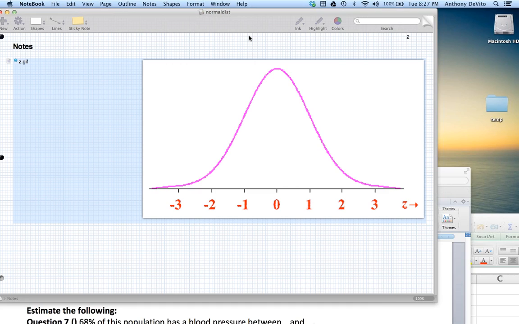I suggest that you bring some scrap paper with you and consider drawing this stuff out when you get a problem like this. So the middle, the mean, is 80, and the standard deviation, sigma, is 15.